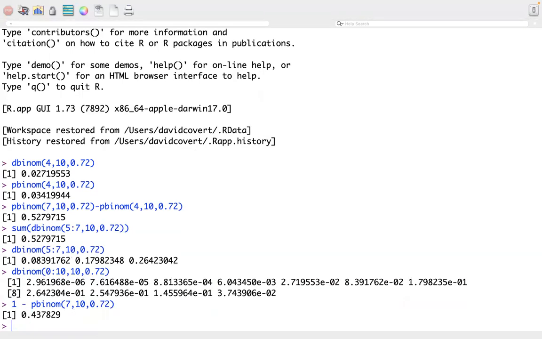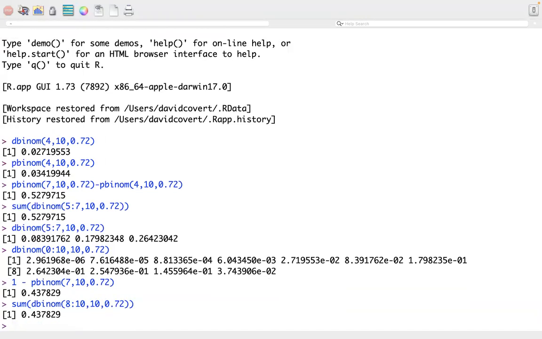And again, you could do this either way: 1 minus the P binomial, or you could add up the D binomial values. So this would be 8 to 10 with 10 trials and probability 0.72. And so that's basically how Chapter 5 interacts with R.